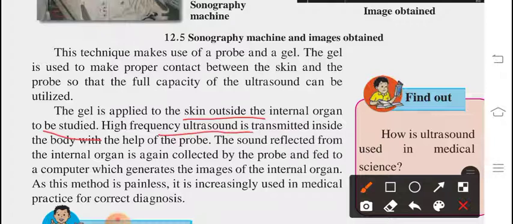High frequency ultrasound is transmitted inside the body with the help of the probe. The sound reflection from the internal organ is again collected by the probe and fed to a computer, which generates the images of the internal organ. As this method is painless, it is increasingly used in medical practice for correct diagnosis.